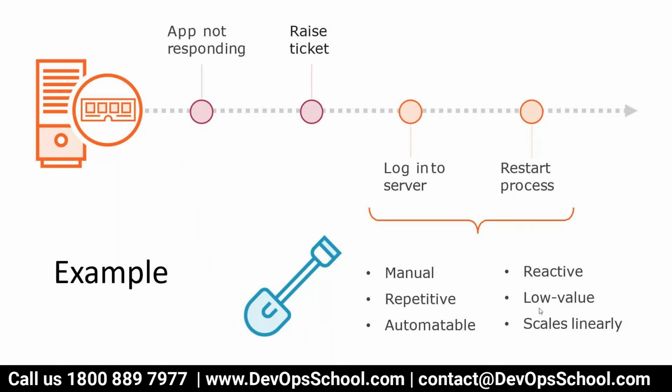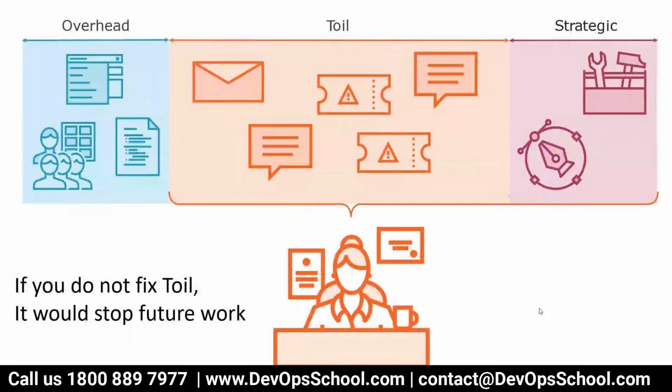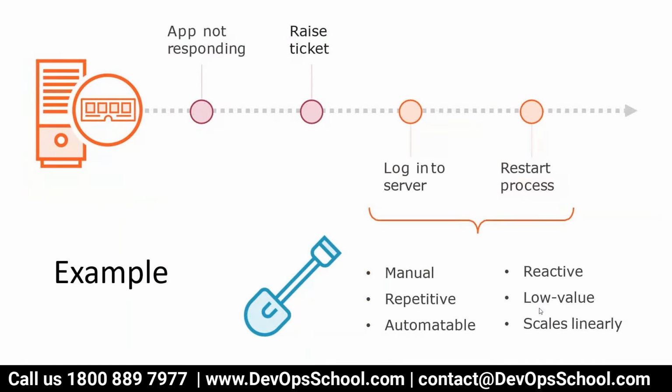What Google says is that toil is something which requires manual work, keeps repeating the same kind of issues again and again, and there are tools available which can automate it, and that is considered toil. Whether you require immediate attention, that is fair, we have to do that.